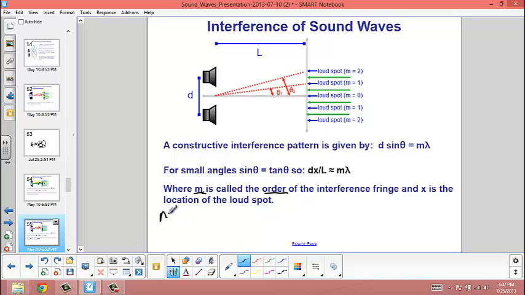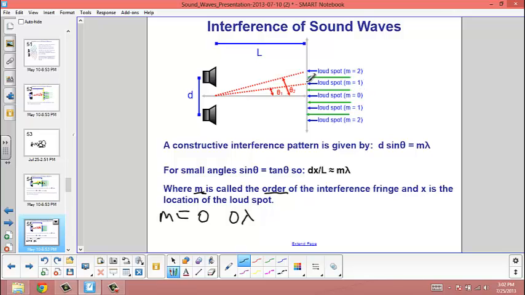So when M equals 0, we're off by 0 wavelengths. And that only occurs one time at the central fringe.